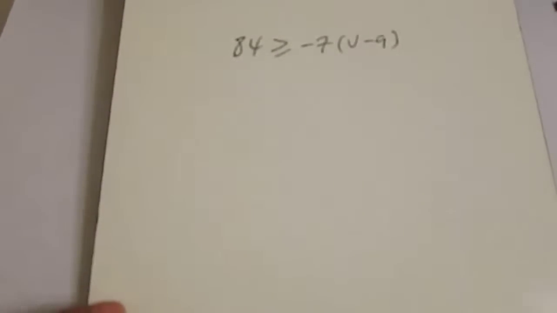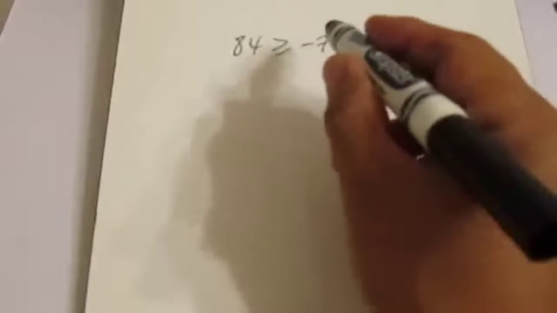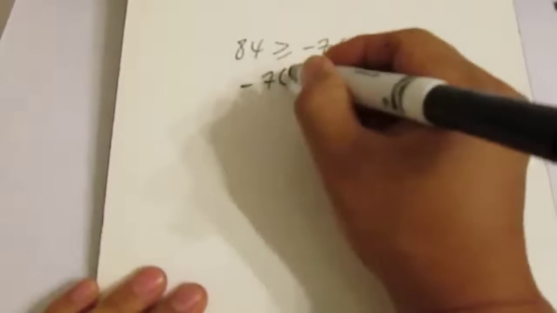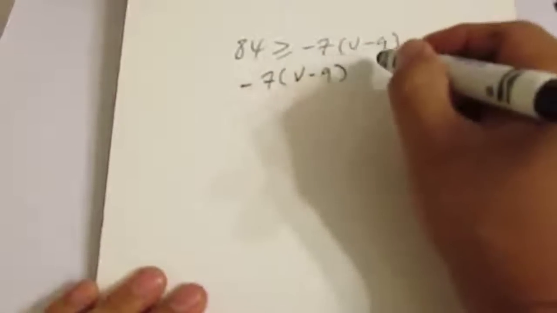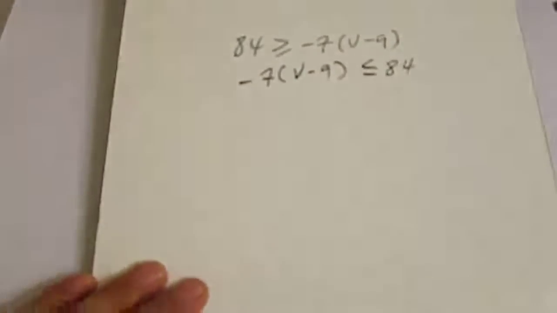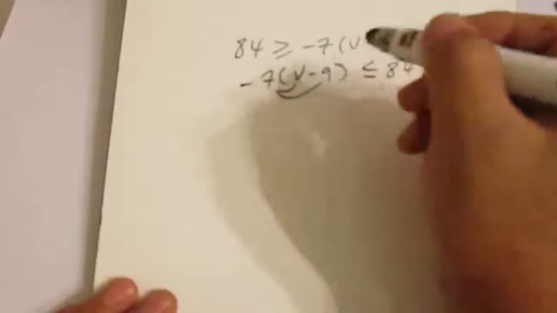Being right-handed, I really like to put my variables on the right-hand side and the numbers on the left-hand side. I just find it easier looking at things. So I'm going to say 84, and there it is. And then I'm going to use my distributive property here.